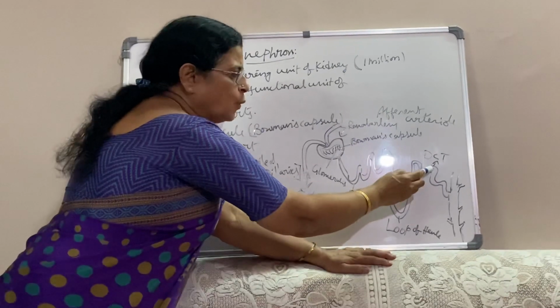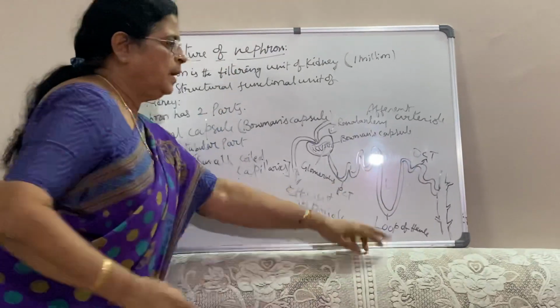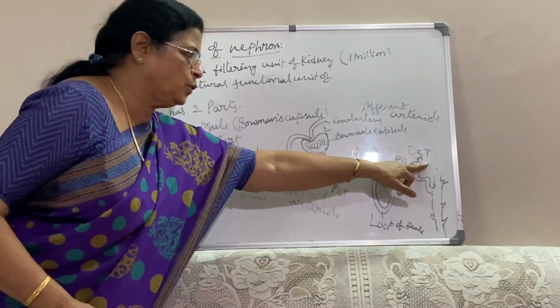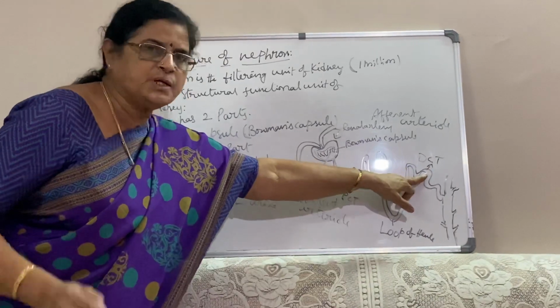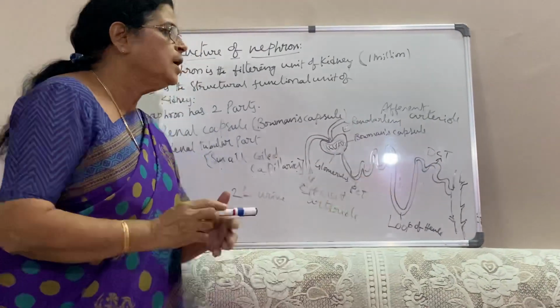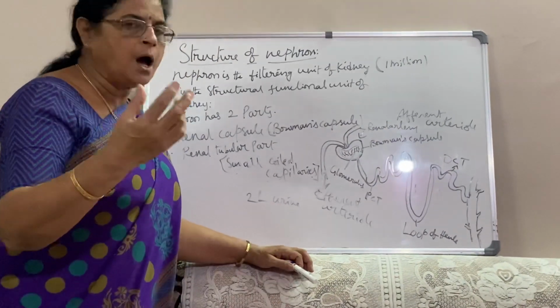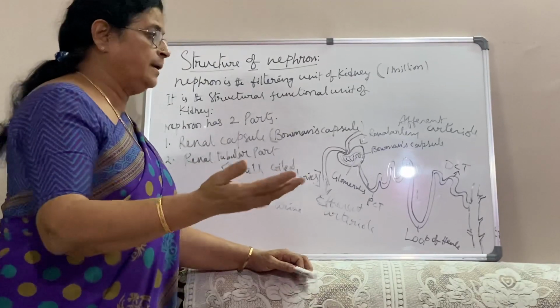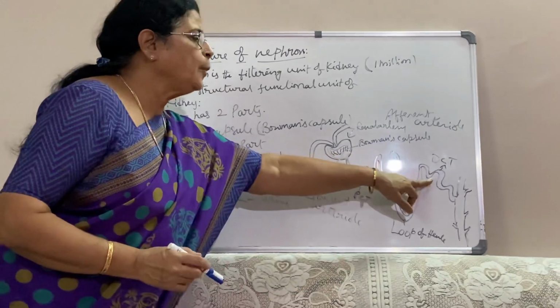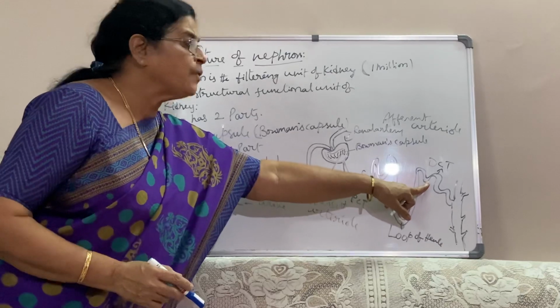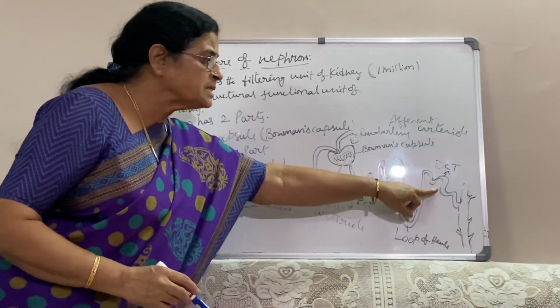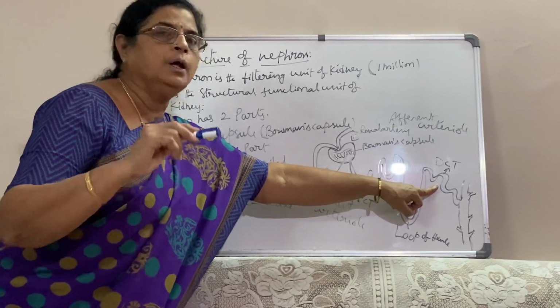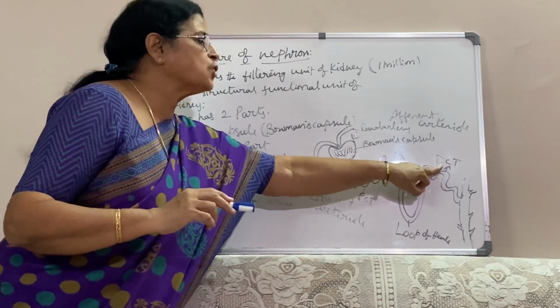That filtrate goes into the DCT, that is the distal convoluted tubule. In this distal convoluted tubule, some of the ions are again secreted. That is called tubular secretion. Why secretion? This has to regulate the pH of the urine.